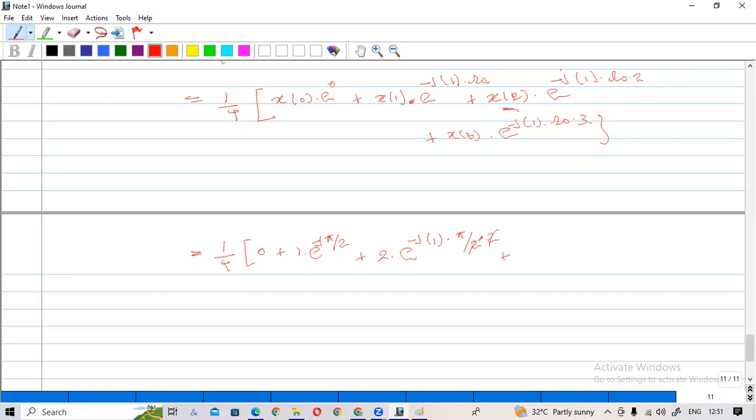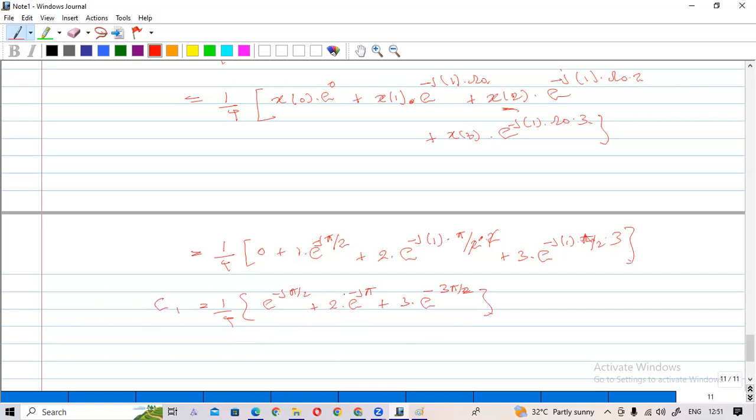Plus x[3], that will be 3 e to the power minus j, k is 1, omega naught is pi by 2, times 3. So this is the value. You have 1 by 4, 0 e to the power minus j pi by 2, plus 2 e to the power minus j pi, plus 3 e to the power minus j 3 pi by 2. So this is the C1 value.